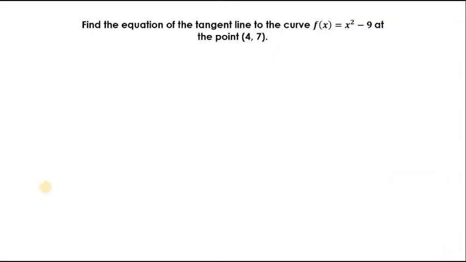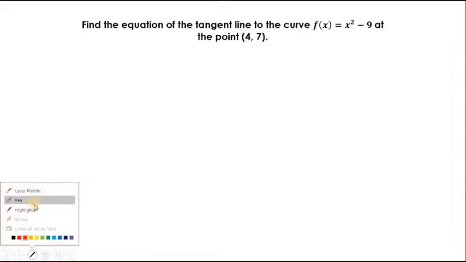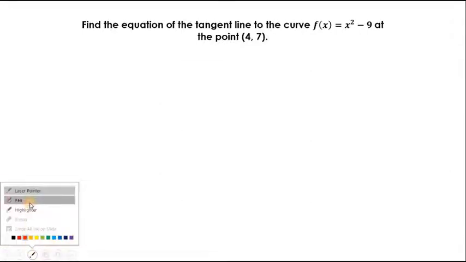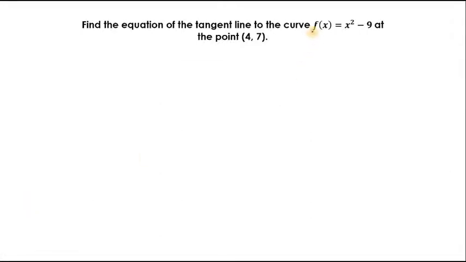We believe that any function raised to the power of 2 is a parabolic or quadratic function. So x squared minus 9 is a parabolic function. Let's try to graph that one.